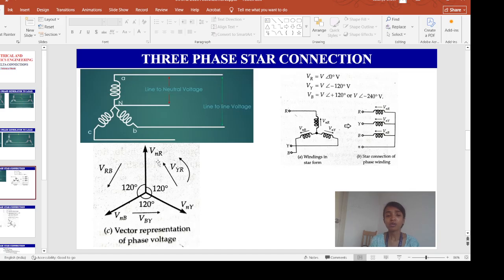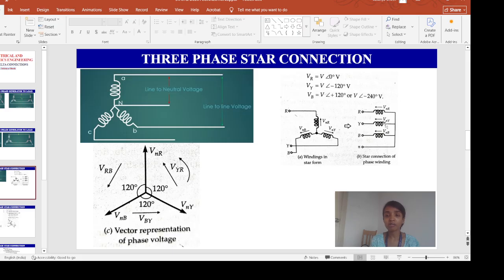Now the potential difference between R and Y is VRY. That is my line voltage. The potential difference between R and B is VRB. And the potential difference between B and Y is VBY. This is the vector representation of the phase voltage. Here it is shown, the star connection of the phase winding.